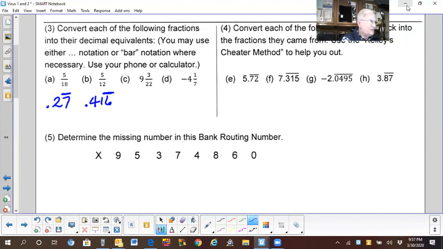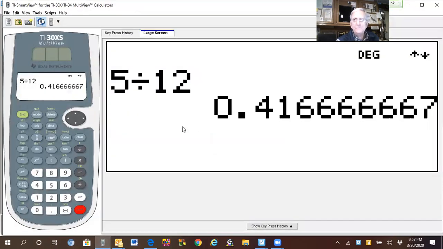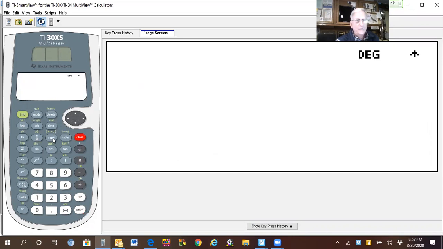Okay, let's go to C. I can put the whole number down, 9 point. And now on my calculator I am going to divide 3, let me clear it here, divided by 22.